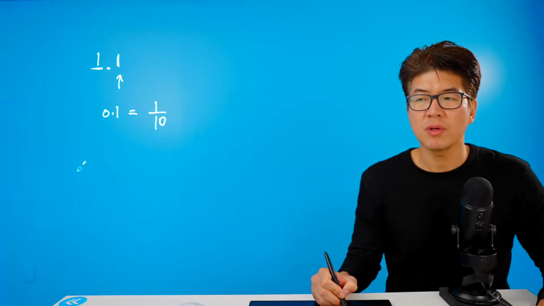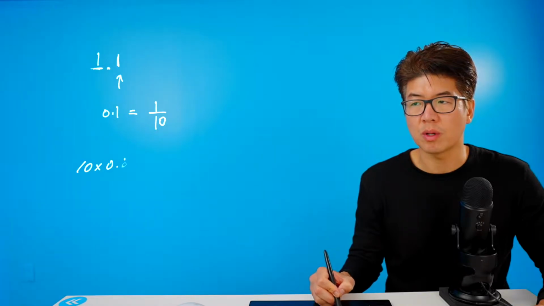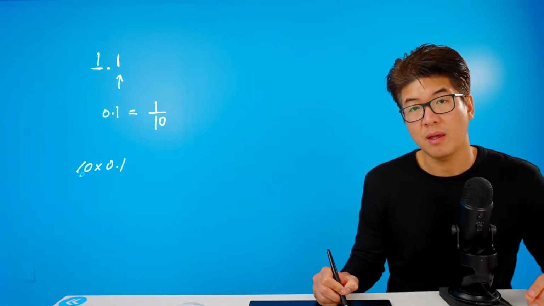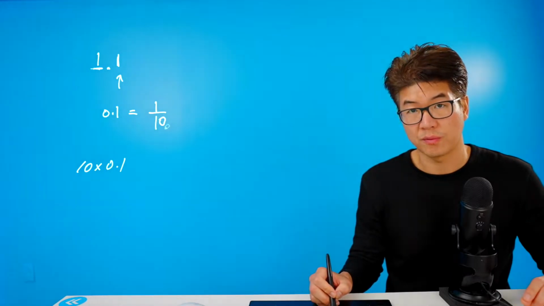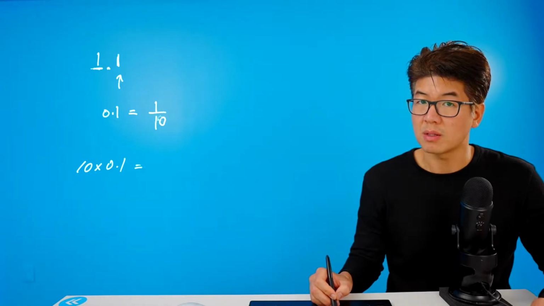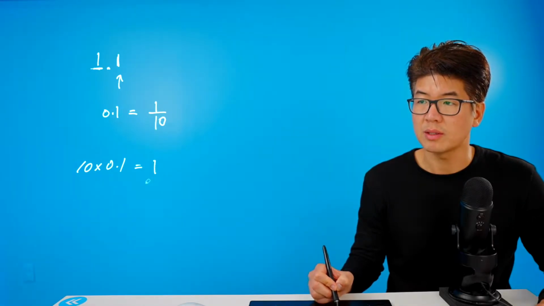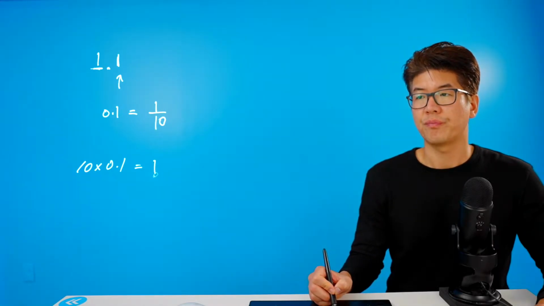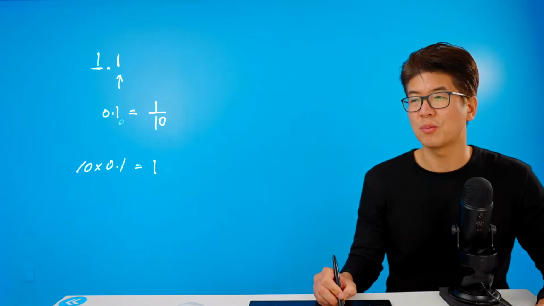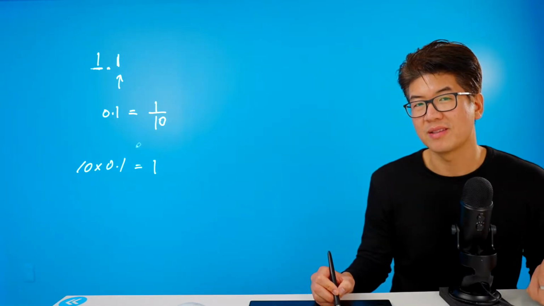0.1, what happens if you have 10 times 0.1? In other words, what happens if you have 10 of 1 over 10? Well, exactly 10 of this makes a whole, right? That's why we get 1. Again, if you divide both sides by 10, you get again 0.1 is equal to 1 over 10.